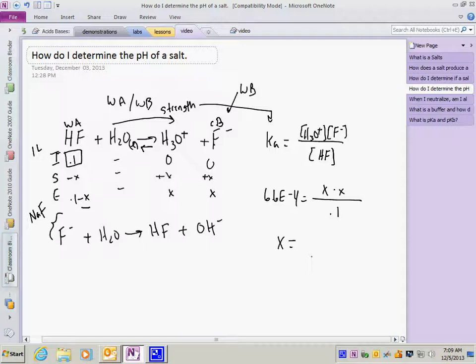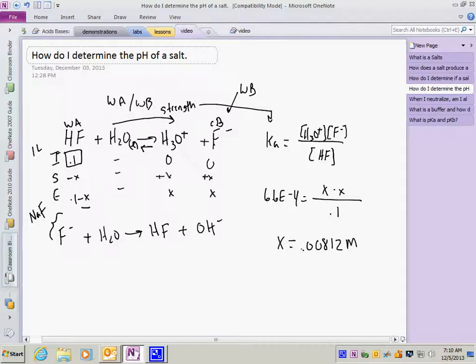I'll calculate that out. 6.6 e to the negative fourth times 0.1 equals, like I said, and then we'll square root that value, and I get x equals 0.00812 moles per liter. So that's of the 0.1, that's the amount that flipped over.